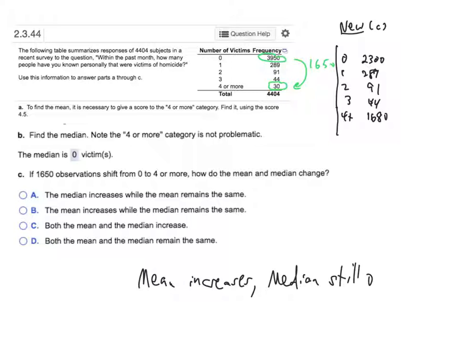Because remember, the median is the value that comes after 2,202 people that's still in this first category. This first category still has more than half the people. So the median value is still one of these people that said 0. So that would be part B, right? Choice B. The mean will increase quite a bit, but the median will remain the same.